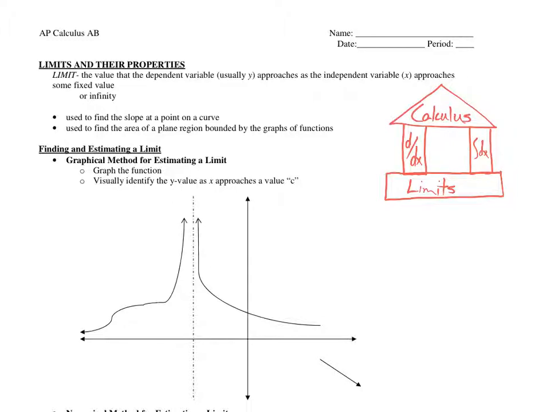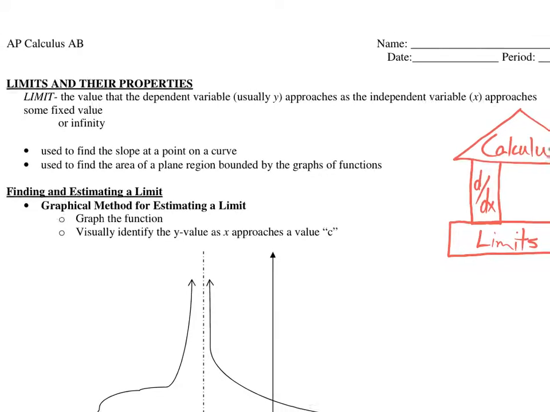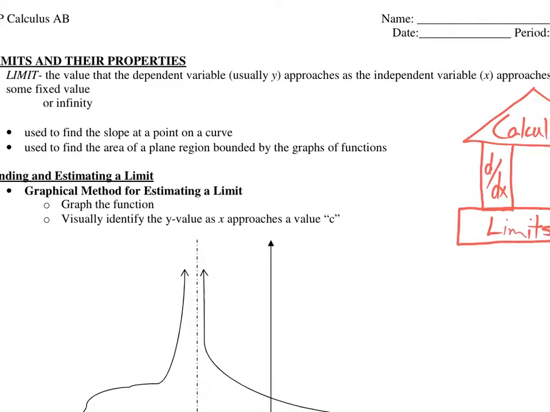But a limit, in a basic sense, is the value that the dependent variable approaches, and that's usually y, as the independent variable, which we often use x for, approaches some fixed value or infinity. Okay? Now there are a few key words in this definition that are important to note.